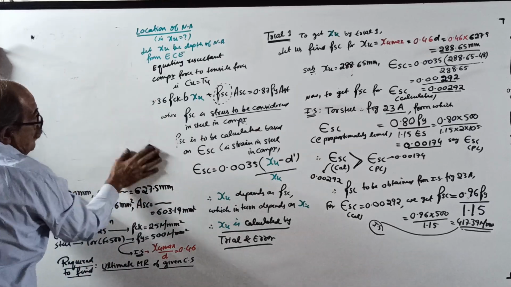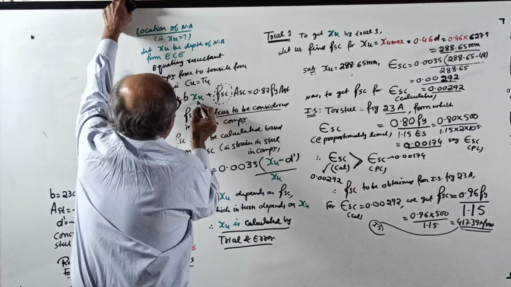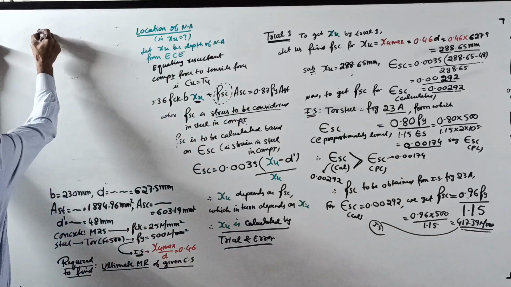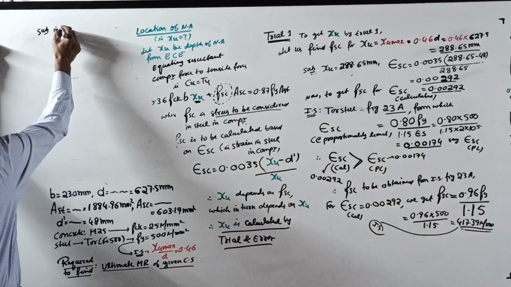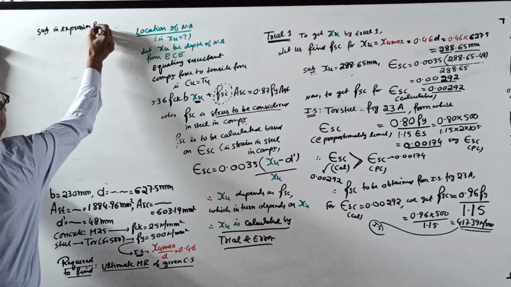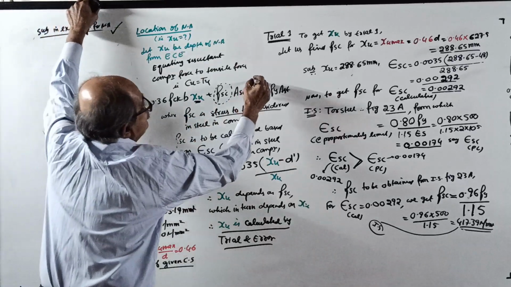Now, what happened? We got FSC. Why are we doing all this? To get XU by first trial for FSC. Substituting in the expression for neutral axis, mark this equation.